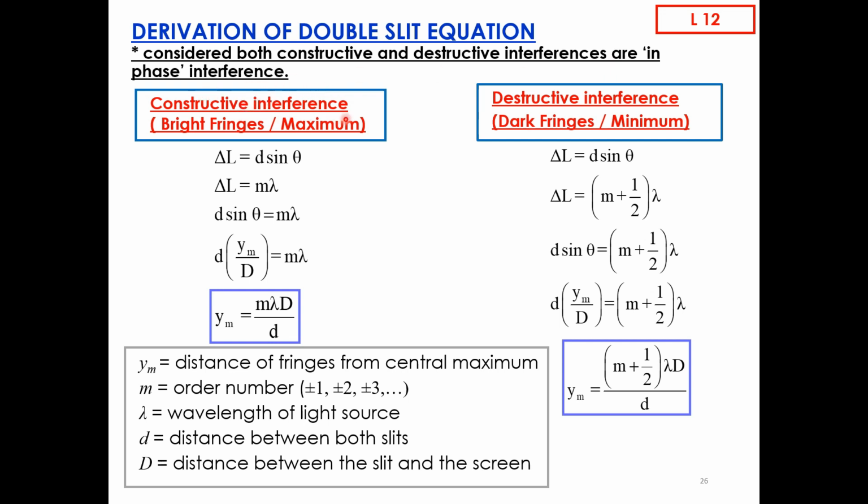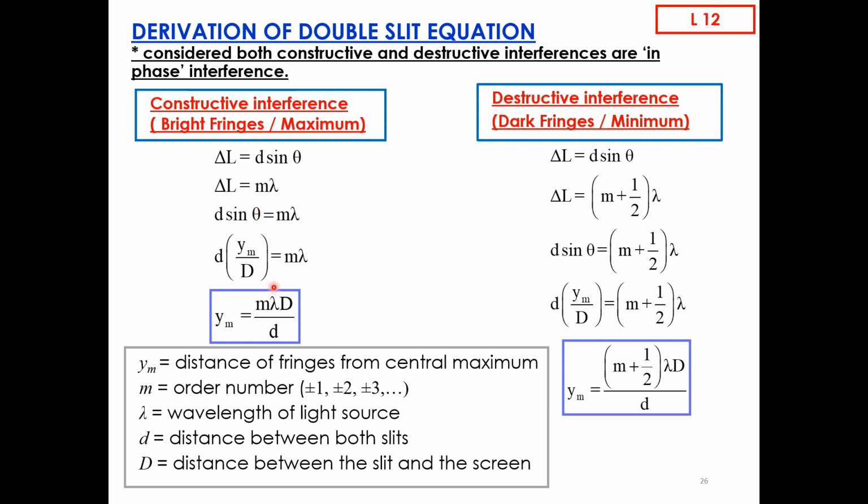For constructive interference, sometimes called bright fringe or maximum, referring to the previous slide, the path difference delta L equals d sin theta. From equation 8.2, the path difference delta L equals m lambda. By comparing the first and second equations, we have d sin theta equals m lambda.